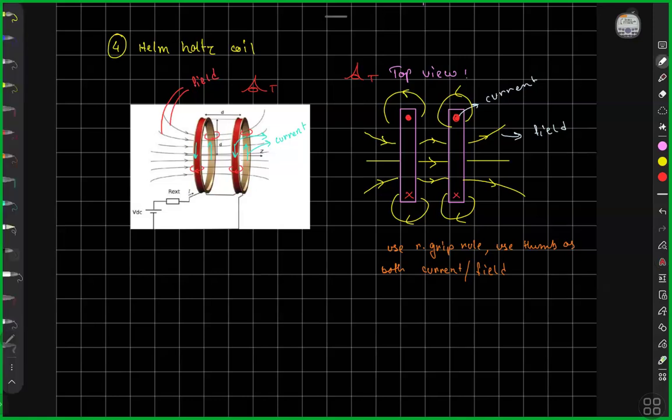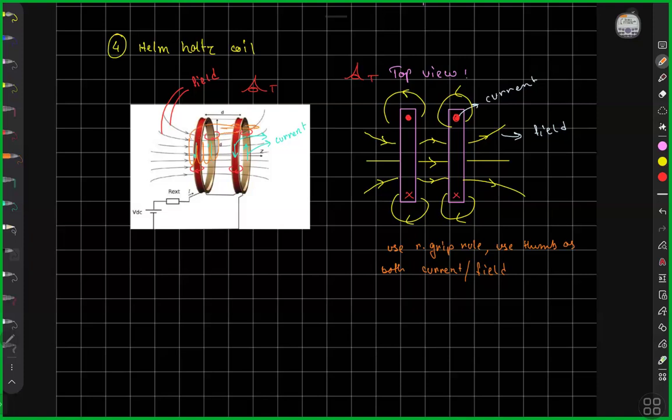Okay. So what do you have ultimately? You have the coil, which shows the direction of current. Coil over here, direction of current, and you have field lines coming in, right, and going out. So when you use your grip, when you grip around the coil, that is your fingers, and your thumb points in this direction.